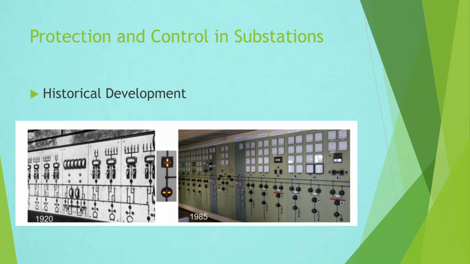The substation control technology was stable and remained unchanged for about 100 years from the beginning of the electric supply. Until the 1990s, the board wall of the substation was filled with electromechanical controls and measurement elements representing the substation schemes. The figure demonstrates this situation, showing a view of the substation control wall from 1920 and 1985.